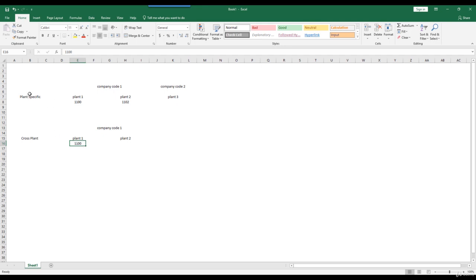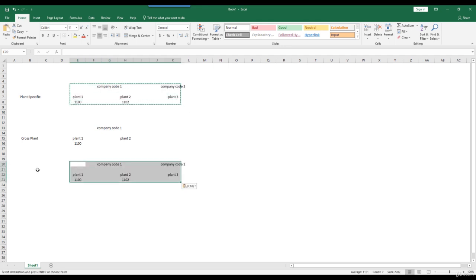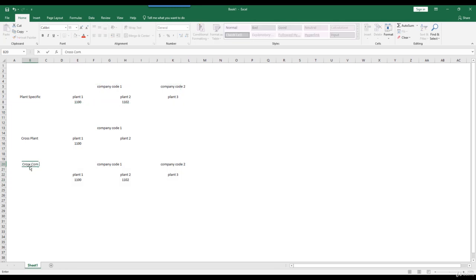Third scenario, this is cross company code. See, here we have three plants: plant 1, plant 2 and plant 3.